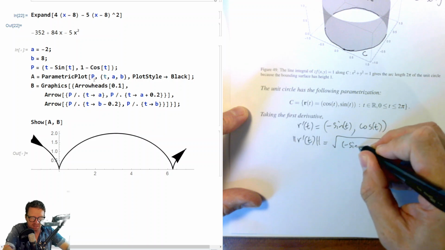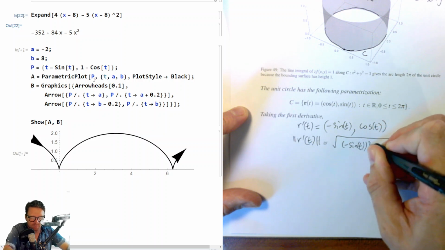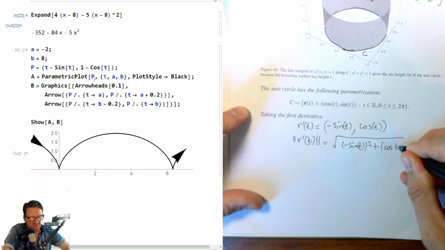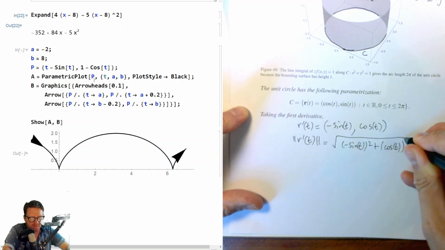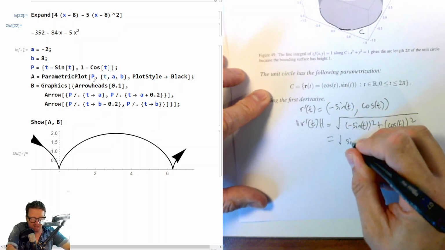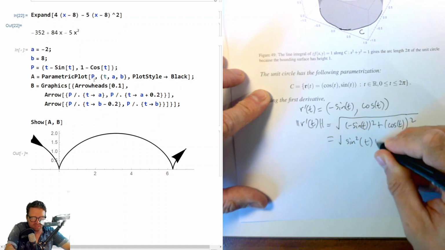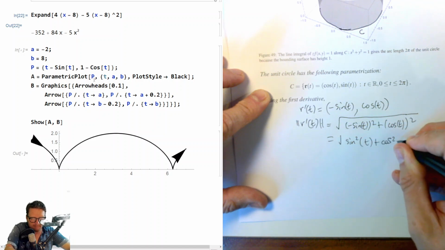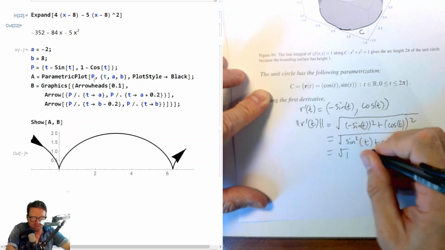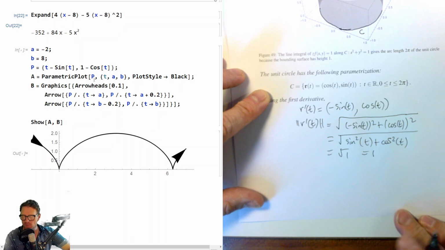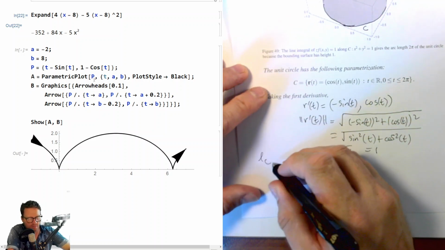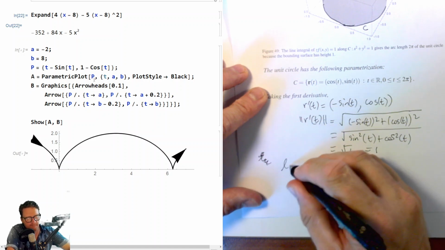So minus sine of t all squared, and then plus cos of t squared. And so this is the square root of sine squared t plus cos squared t, which is the square root of 1, and that's 1. Okay, well that makes this line integral easy.